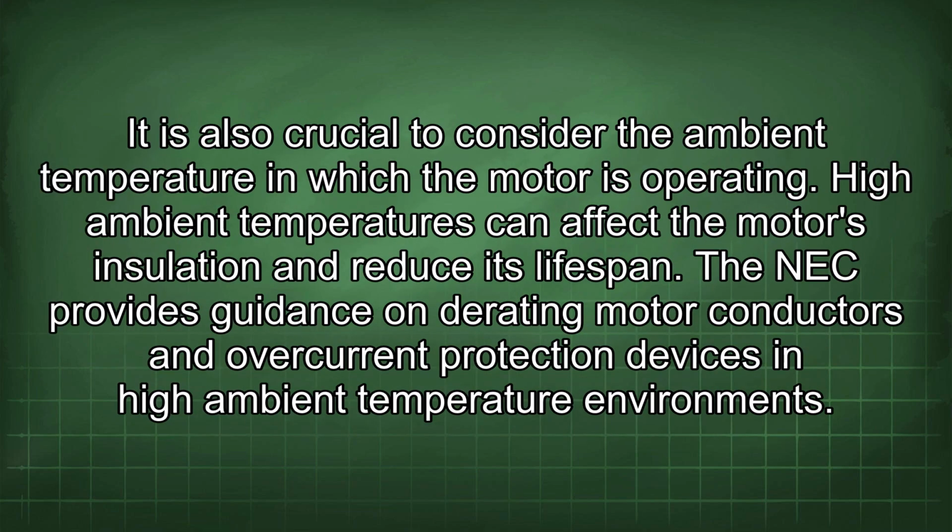It is also crucial to consider the ambient temperature in which the motor is operating. High ambient temperatures can affect the motor's insulation and reduce its lifespan. The NEC provides guidance on derating motor conductors and overcurrent protection devices in high ambient temperature environments.